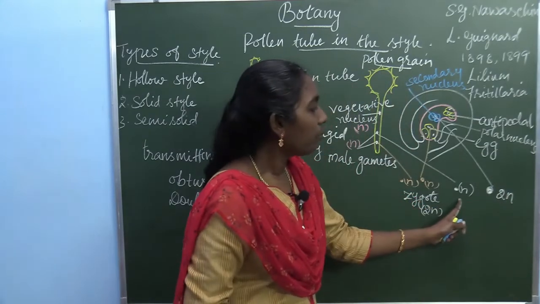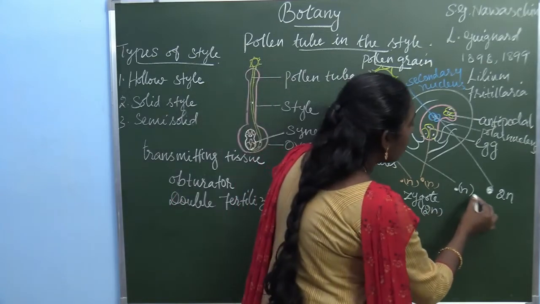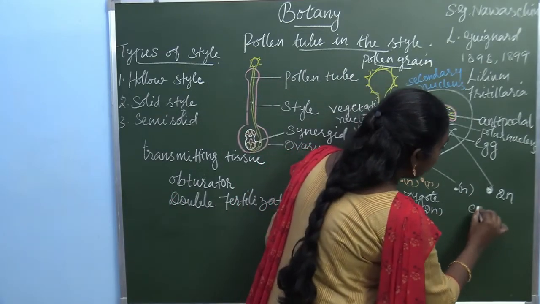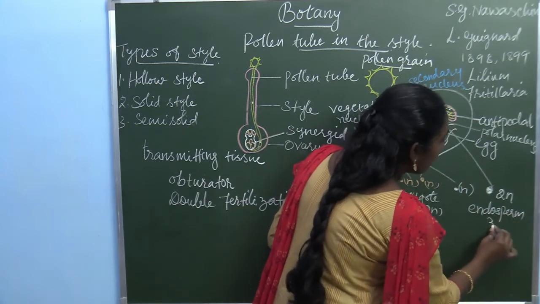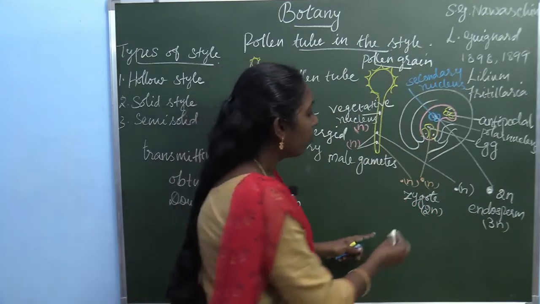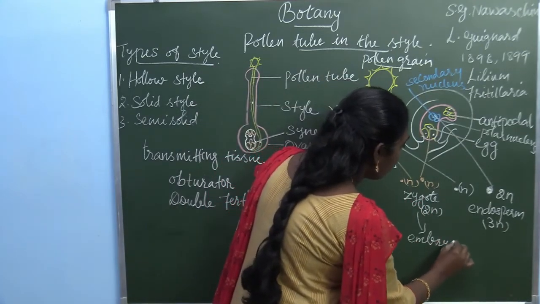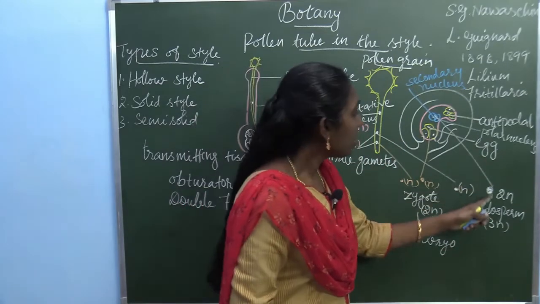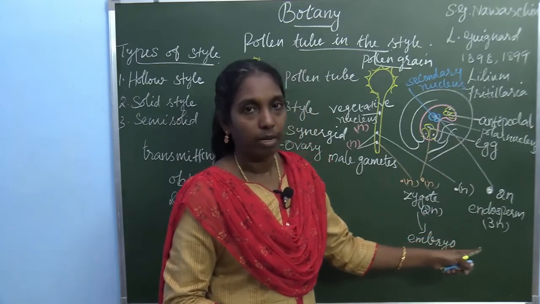So, this 2N plus 1N now becomes 3N. So, it forms endosperm. Now, this endosperm is 3N. So, from the zygote, the embryo develops. From this secondary nucleus, endosperm is developed.